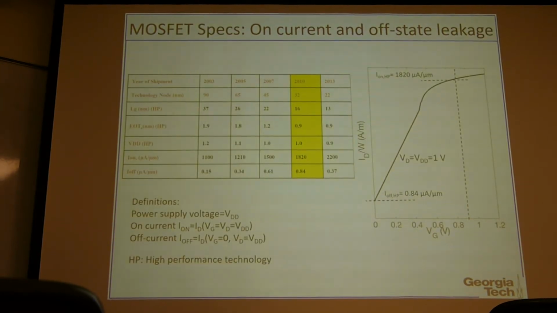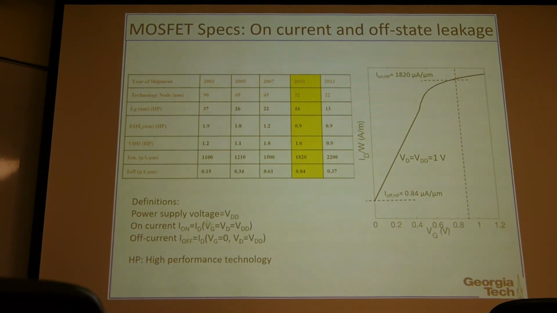Okay, so why does this matter? This sub-threshold current is very important in determining, for example, your device's battery lifetime. Why is that? So here, let's look at the definitions of the transistor on-state current and off-state current.